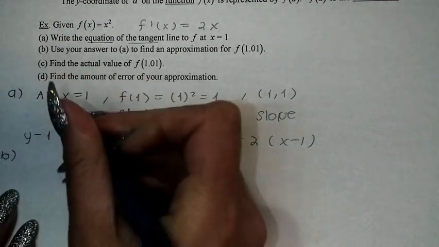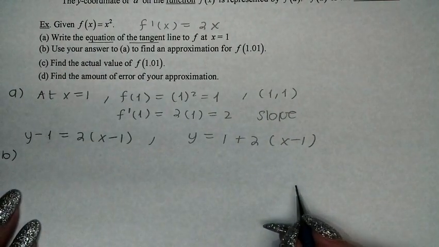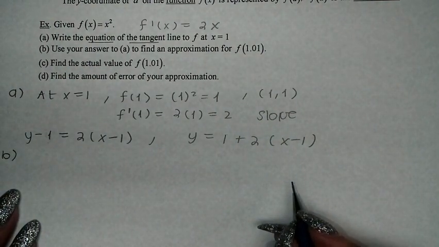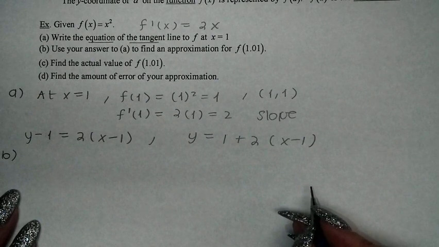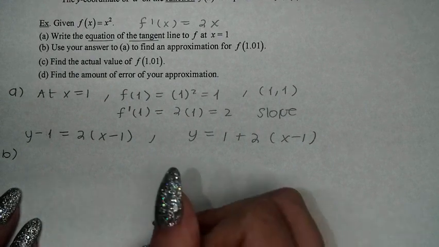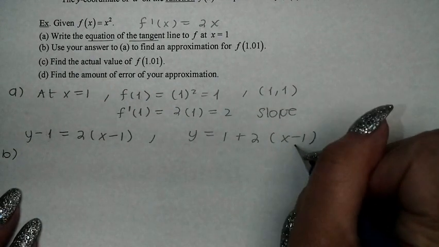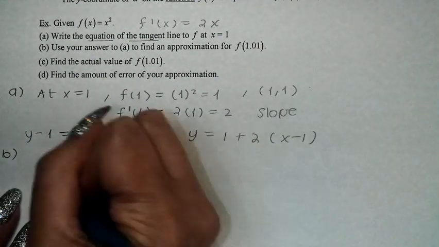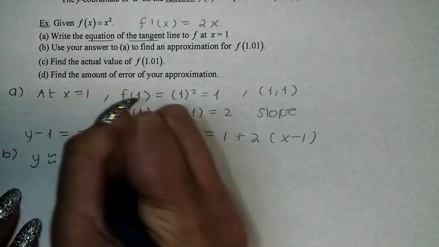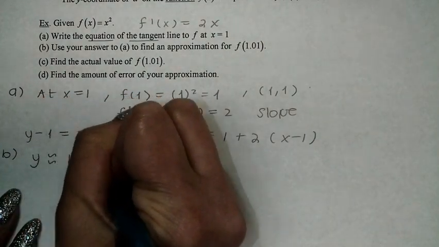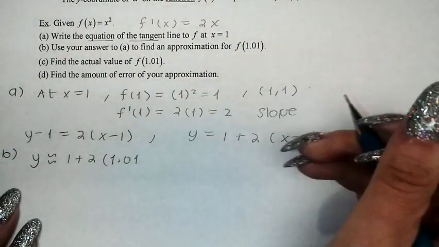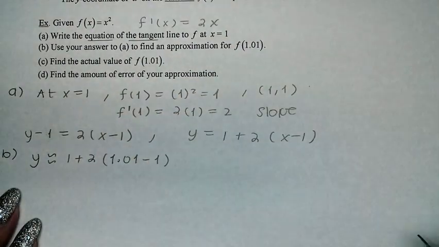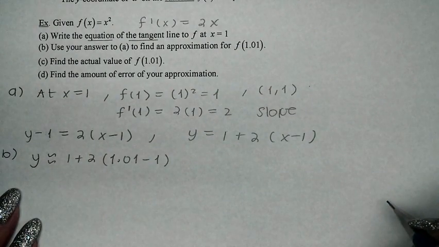For B, they are asking you to use the answer to A to find the approximation for f of 1.01. So your approximation: you are going to use the value of 1.01. So y is going to be roughly 1 plus 2 times 1.01 minus 1, and then you can do the operations there.